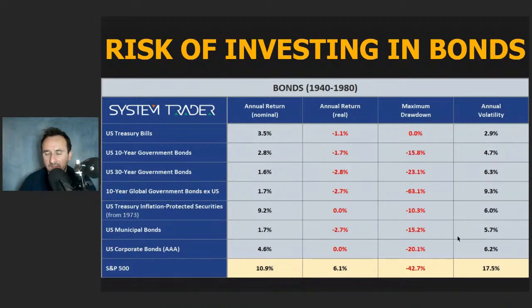And in fact, for the last 40 years, for example, the US 30-year government bonds' return was very similar to what you could get from the stocks, but with much lower volatility.